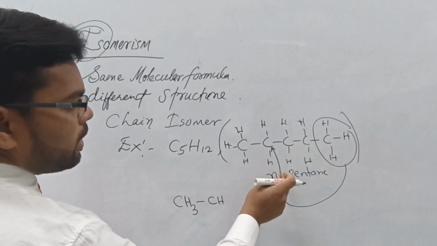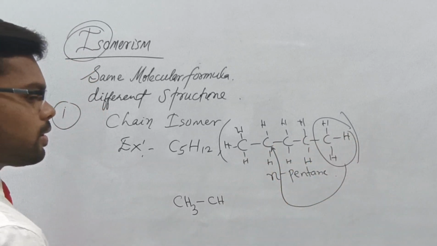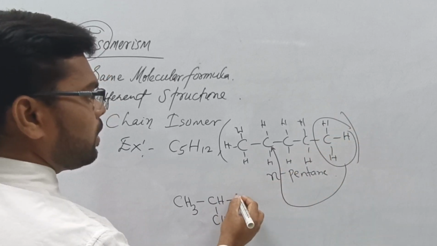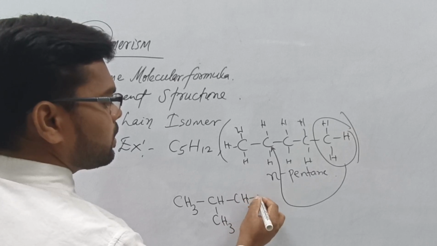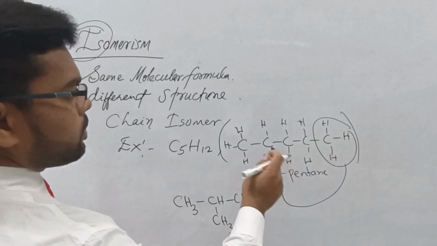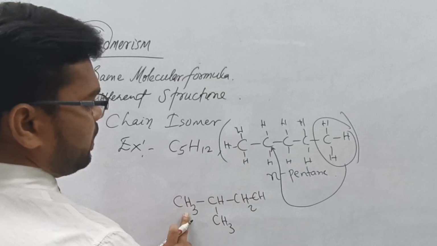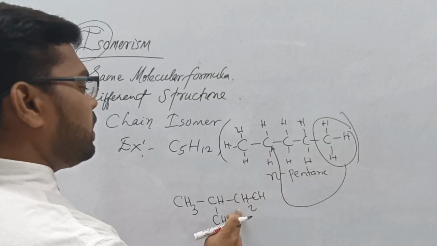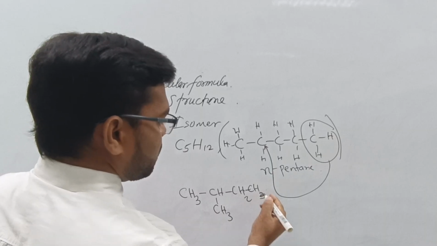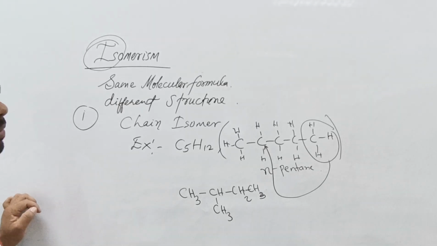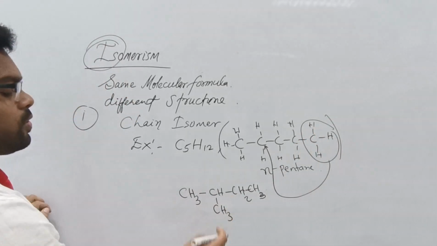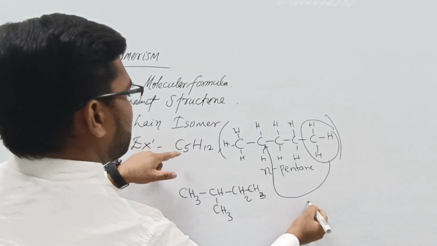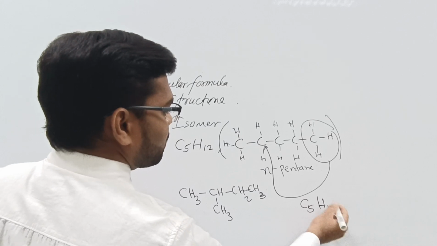Now I bring this CH3 group to the second carbon and write the rest same as it is, with a hydrogen here. What I did is just bring the group to the second carbon. Now look, there are the same carbon 5 and hydrogen 12 only.